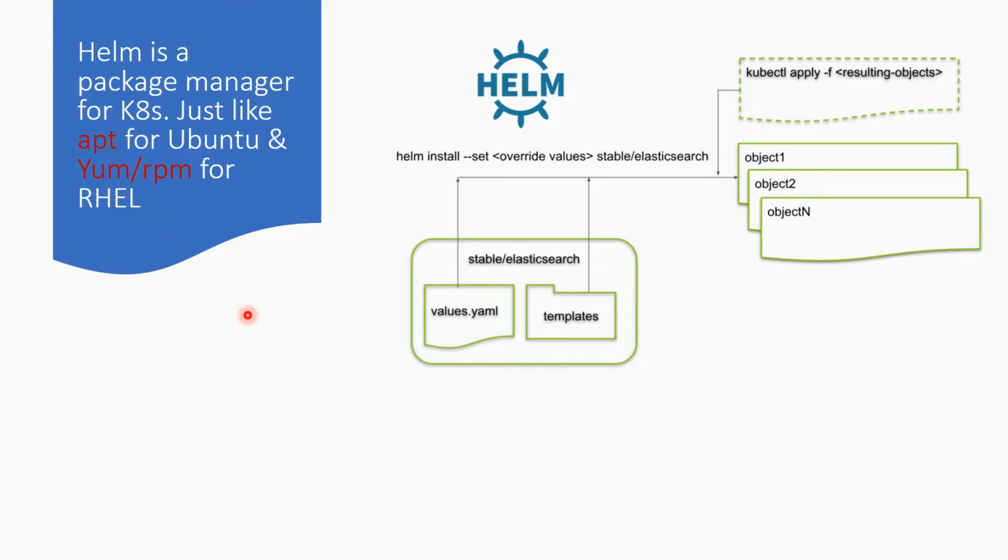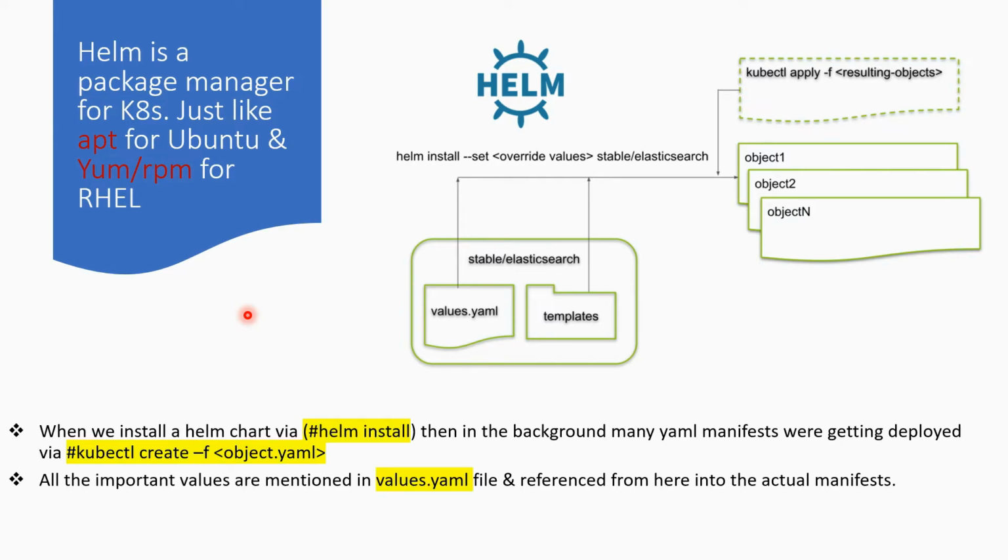Similarly, Helm is a collection of many YAML files, and what we do is helm install and the Helm chart name, and in the background many YAML manifests get deployed via the kubectl create -f file.yaml command. Okay, so assume you have so many YAML files here, object 1, 2, 3, 4 up to object n.